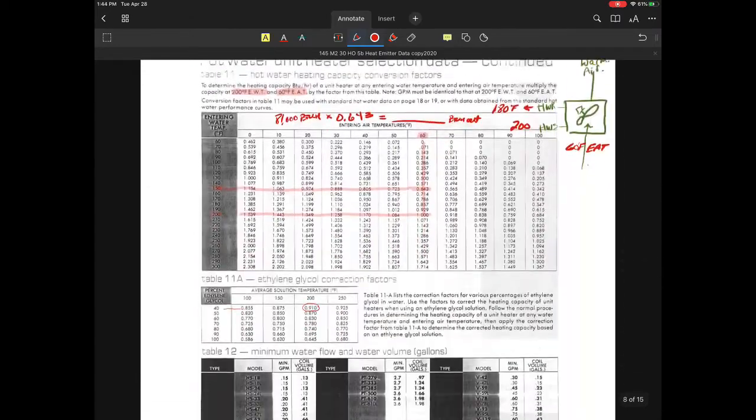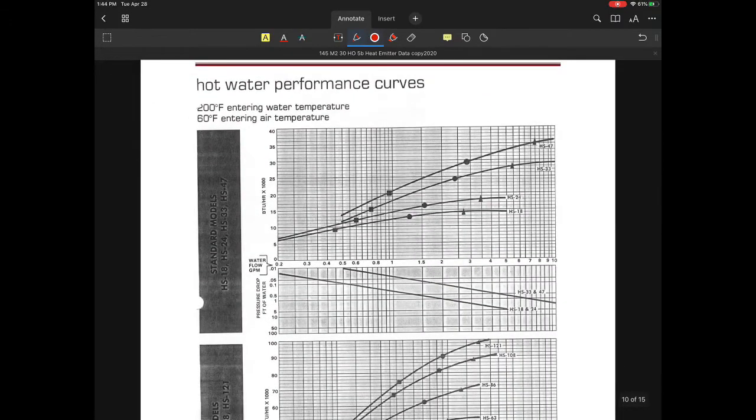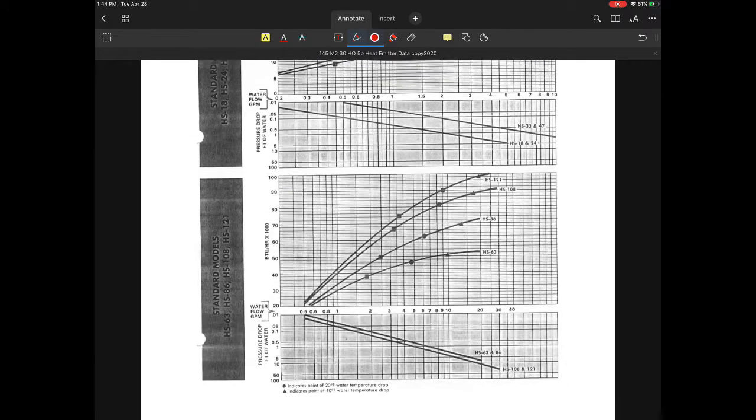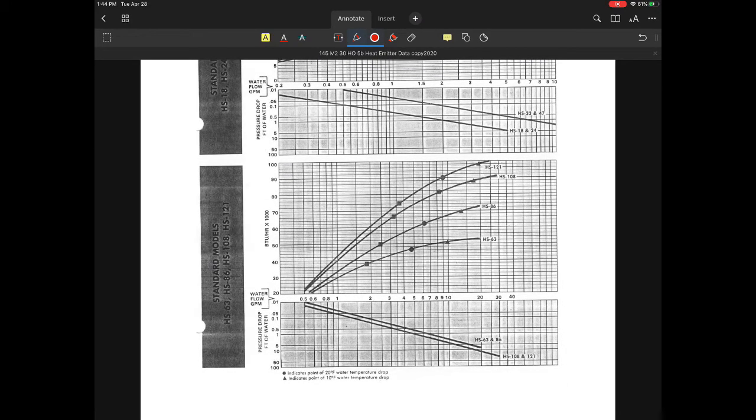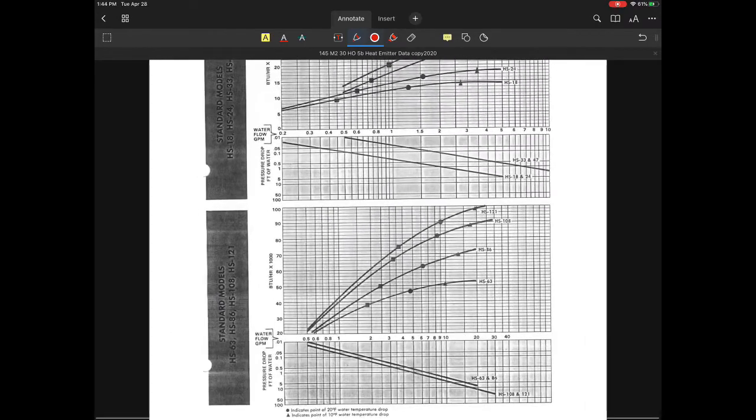All right. Additionally, I want to show you one other factor that we're going to be dealing with, and there we go. So there's another curve that they can also identify in some of these. One of them, I can use the HS108 as an example. This one's actually showing me more of a graphical curve that identifies water flow rate as well as water temp rates to some extent.